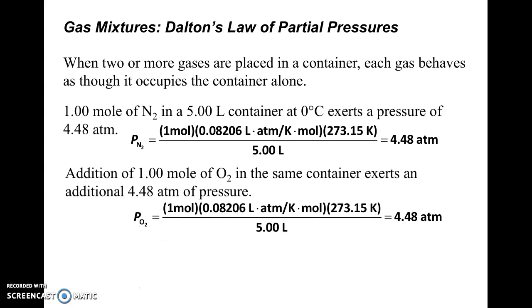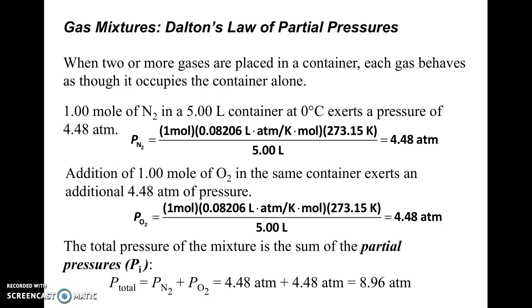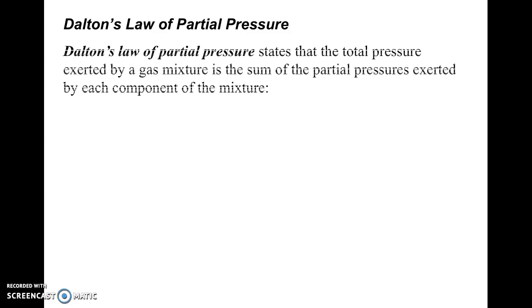If you added a mole of oxygen to the same container, you also would get 4.48 atmospheres, an additional 4.48 atmospheres. So the total pressure you would find would be 8.96. The two pressures for the individual gases just add up.